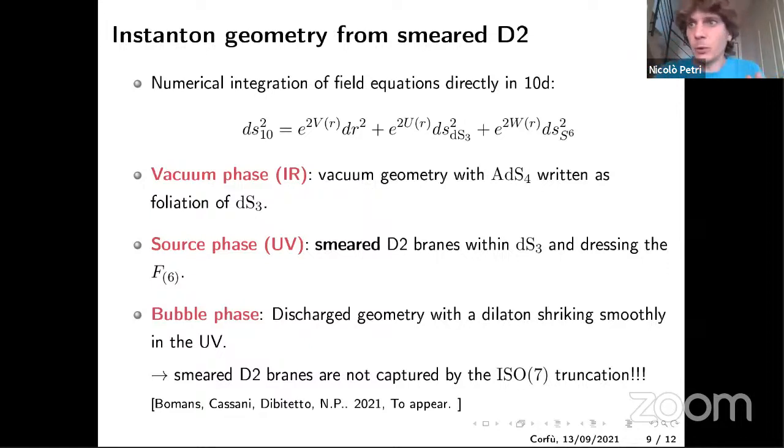So given this intuition, what we saw is that there is an intermediate phase interpolating between the AdS vacuum and the D2 sources. This intermediate phase is described by a completely regular geometry, characterized by a dilaton that shrinks smoothly over the source: while the radial flow of the solution reaches the D2 brane, our dilaton shrinks smoothly to 0.